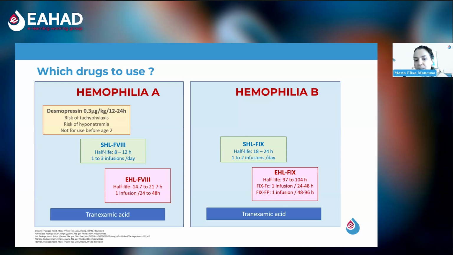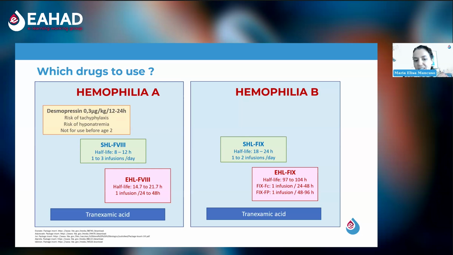For factor 9, we have no option such as desmopressin for hemophilia A, so we just rely upon replacement therapy. And again, here we have standard and extended half-life products with the clearly evident advantage of the extended half-life factor 9 products over factor 8 in terms of covering a very long period.